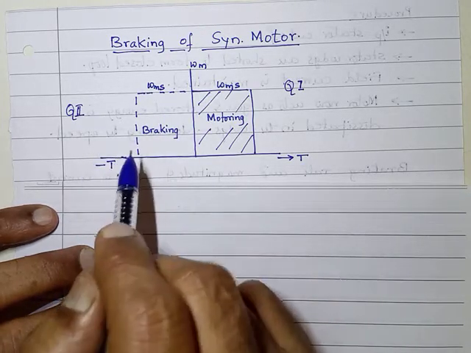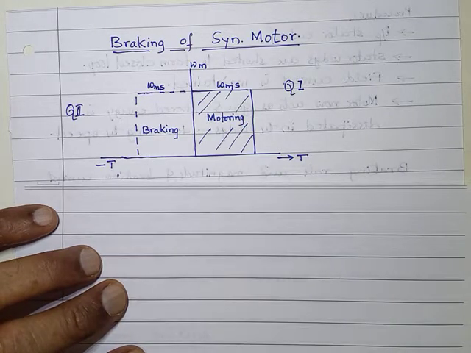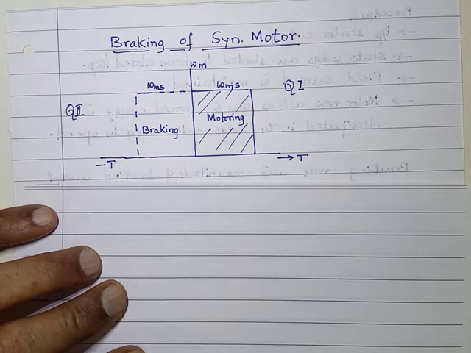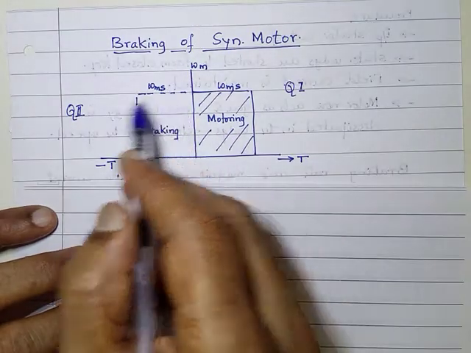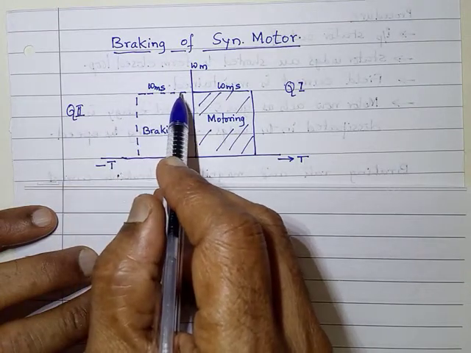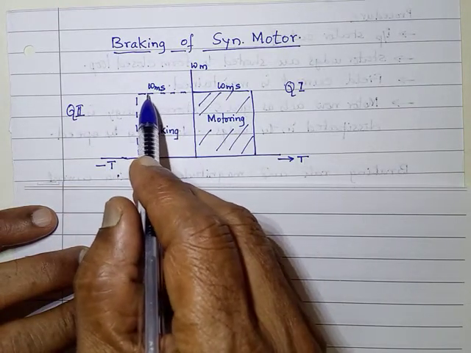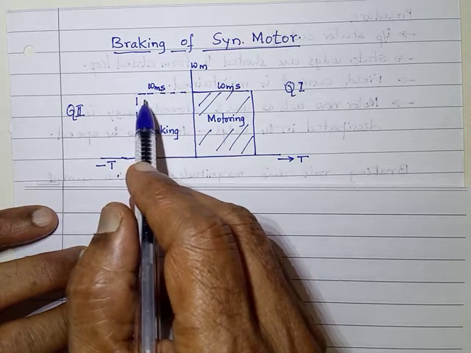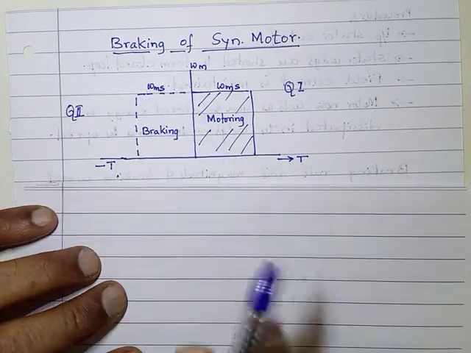That is the problem with synchronous motor, because that speed remains constant as long as it is a synchronous motor. So when the regenerative action happens, it happens with speed remaining constant only. So the normal braking doesn't happen.